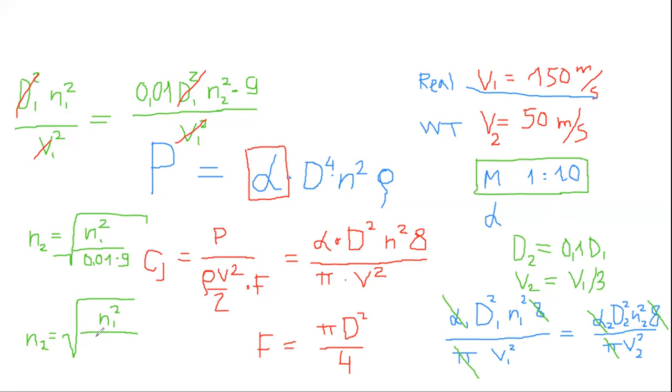This is really the scale factor, like named S squared, and this is really V1 divided by V2 squared.